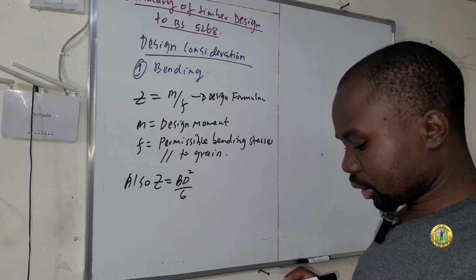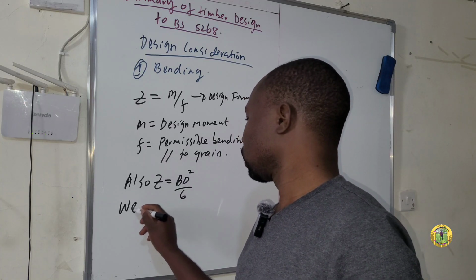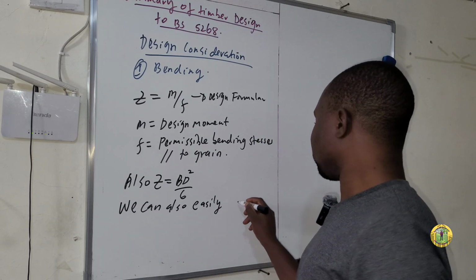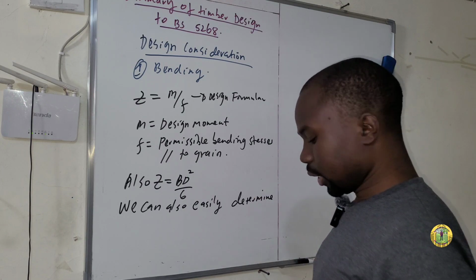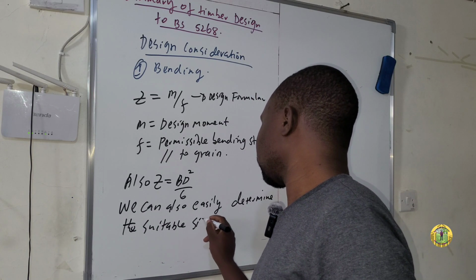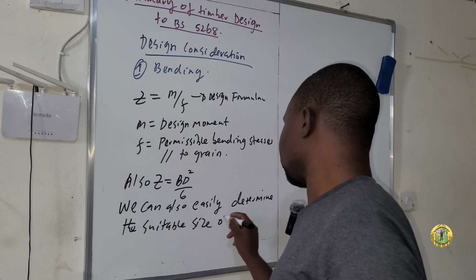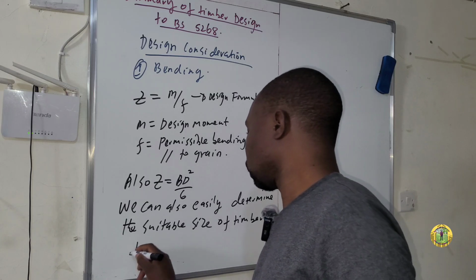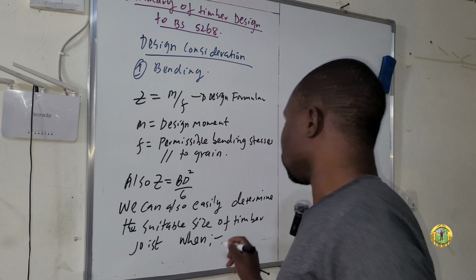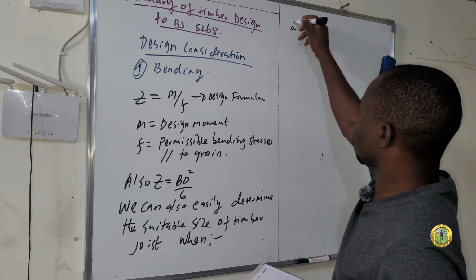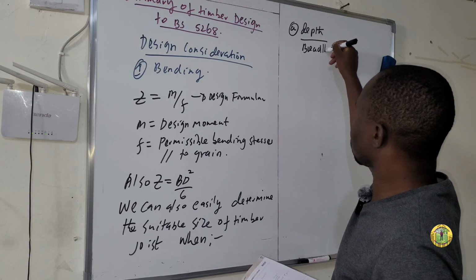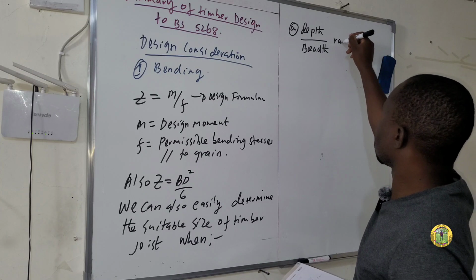So we can also easily determine the suitable size of timber joist when a depth to breadth ratio is known.